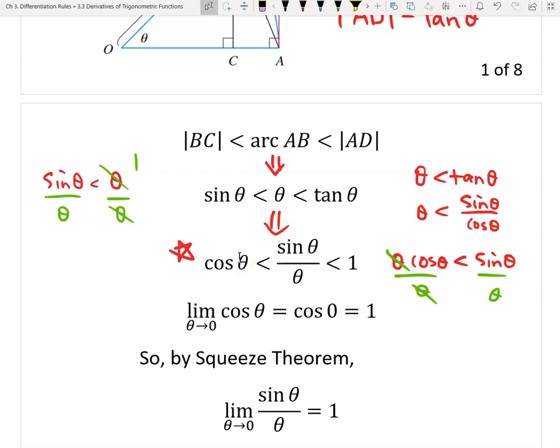That's the result for even function, right? Which means this statement is exactly true even if theta is negative. If we plug in negative theta, it is still true, which means theta can be positive or negative. Therefore the result is always true. That's the proof. Look at this result, it's very beautiful.